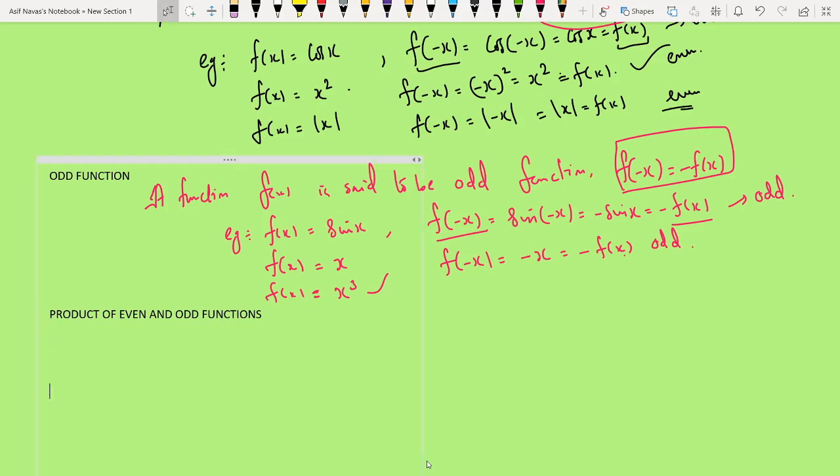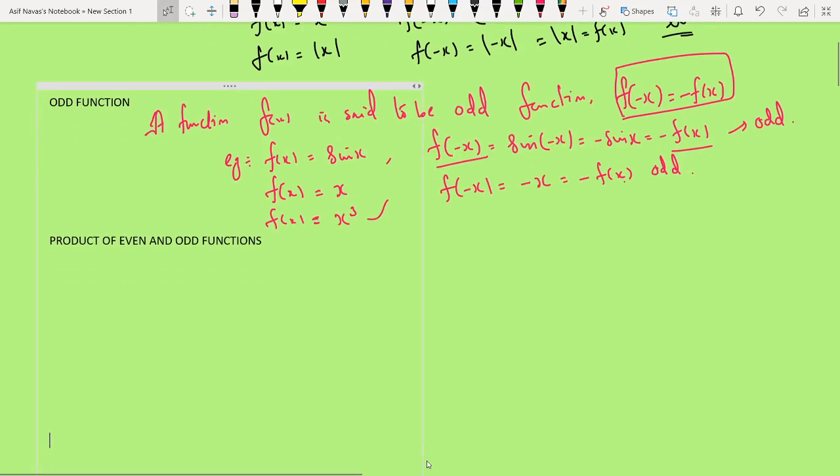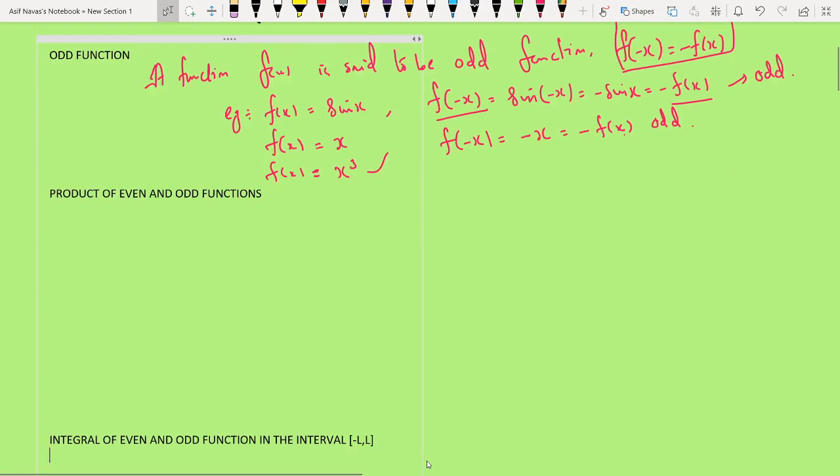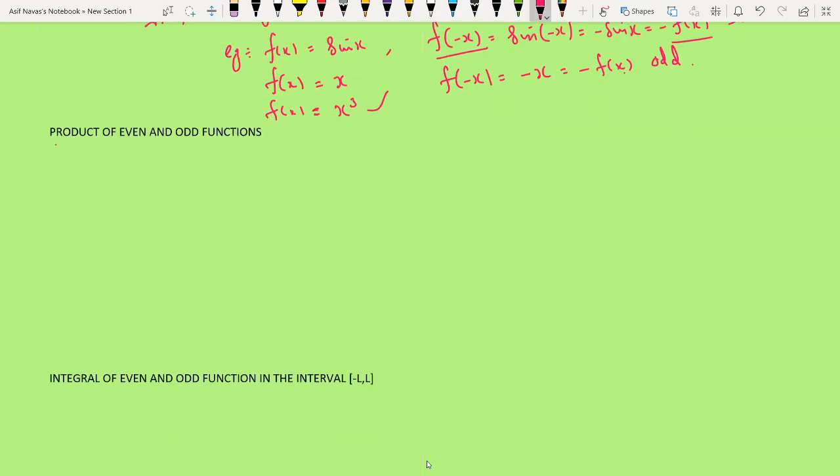Now I will define what will happen with the product of even and odd functions. Let f of x and g of x be two functions.